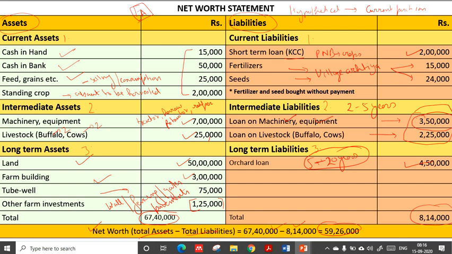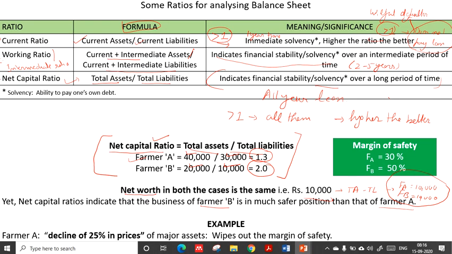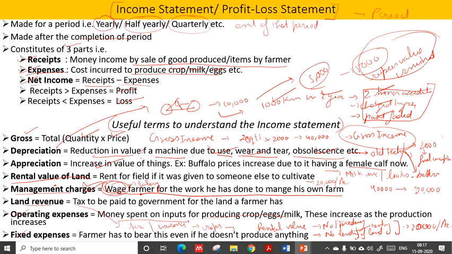And then net worth, total assets minus total liabilities. There are three ratios: current or working, net capital ratio, immediate solvency, intermediate solvency, and financial stability or solvency over a long period of time. In the example here, you can understand how net capital ratio is important in comparing two farm businesses having the same net worth value.